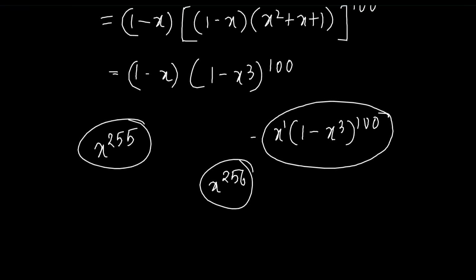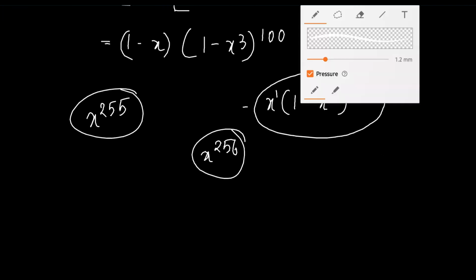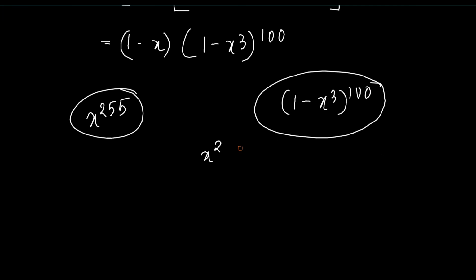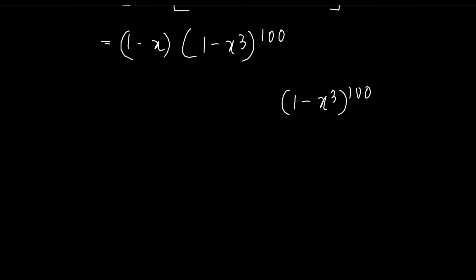So 255 is divisible by 3. Okay, so now we have to just find out the coefficient of x to the power 255 from this expression. Then we can multiply another x with this and we will get the x to the power 256 term.